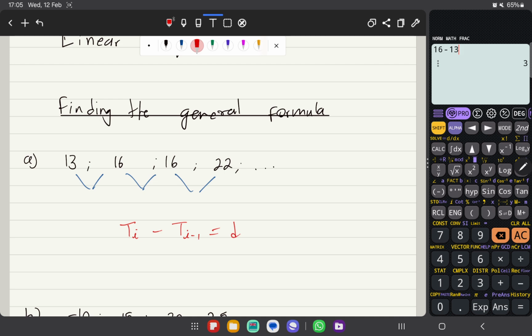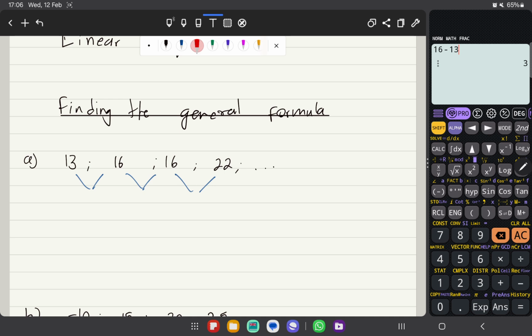So in this case, I will take t2 and minus t1 and I'll get my d.